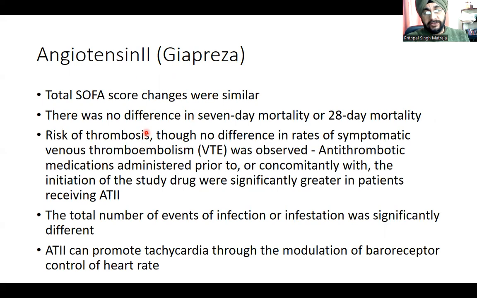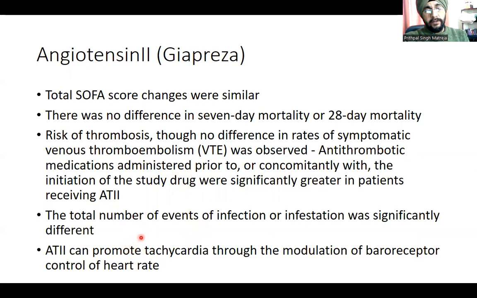Though ATHOS-3 did not find a difference in the rate of symptomatic venous thromboembolism, this could be due to antithrombotic medication administered prior to or concomitantly with initiation of the study drug, which was significantly greater in patients receiving angiotensin 2.